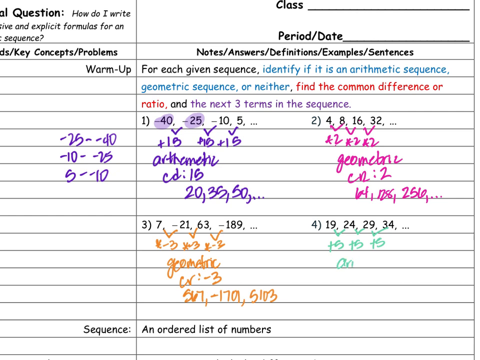So this is arithmetic, and I have a common difference of 5. So my next terms are going to be 39, 44, 49. Okay? Questions? Is everyone okay with that? Yes. Lovely. Not too bad?